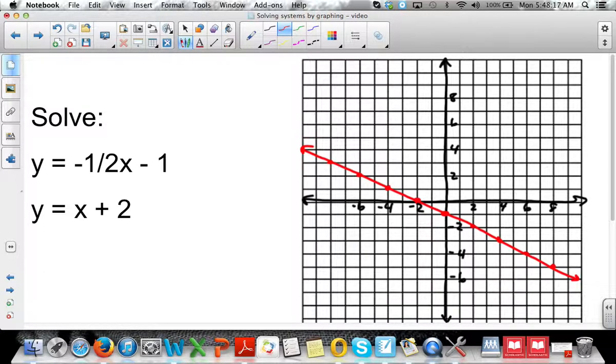Then my other one, x plus 2, goes through 2, and it's a slope of 1. This one looks more precise. It's going to go through this point right here, and it is -2, 0.